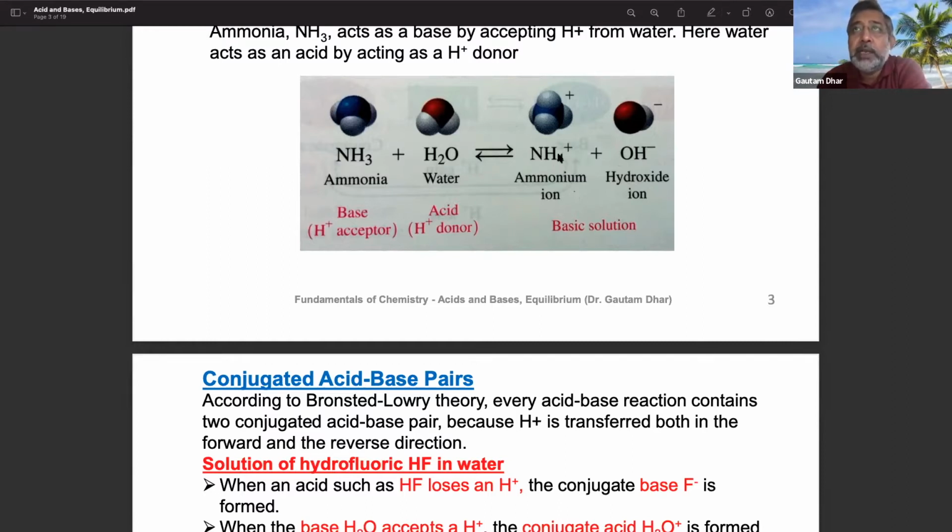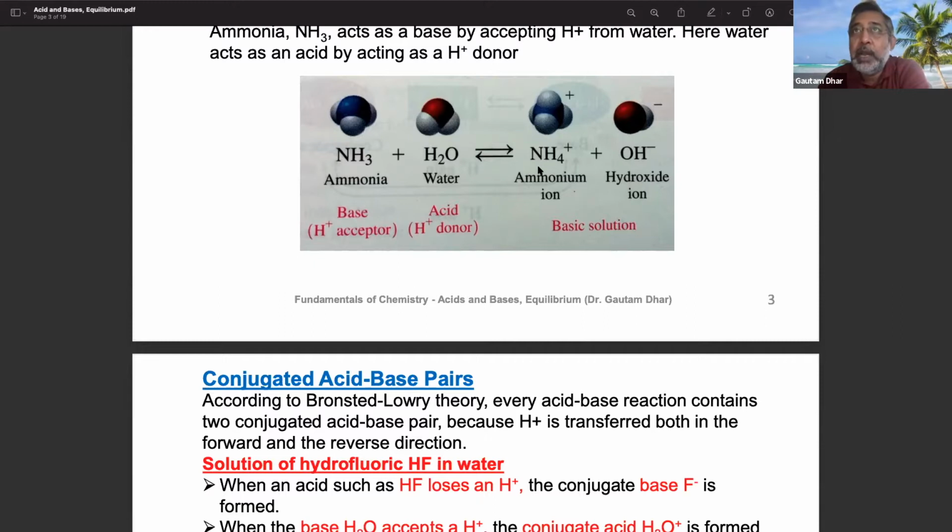But what you can see is that you can also start from the product side. So you can take the ammonium ion, and if you add OH minus, you'll get back ammonia plus water at equilibrium. So ammonia is becoming ammonium, and if the ammonium ion donates the proton to OH minus, then it becomes ammonia.